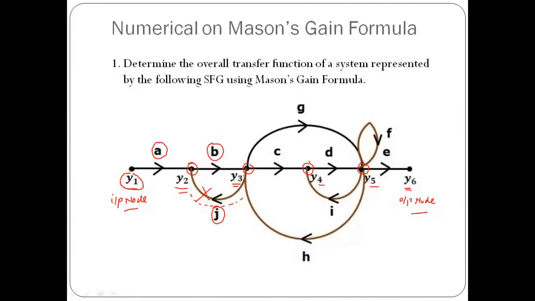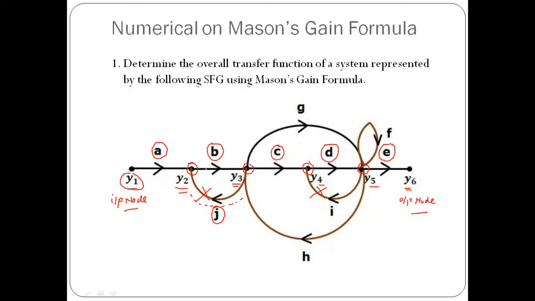And then from y3 to y4 we have a branch of gain c. Then from y4 to y5 we are not in a position to select this path because the flow of signal is in the reverse direction. So we have only one branch, of gain d. And then from y5 to y6 again we have only one branch, of gain e.